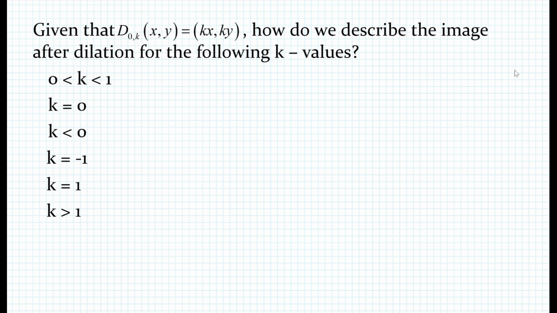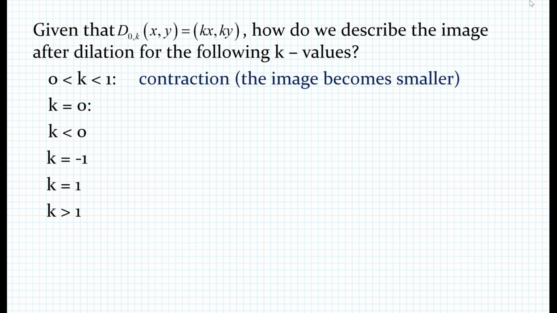For example, let's say that the coordinates are (4, 8). Then if you dilate these coordinates by a K value of 1/2, you end up with coordinates of (2, 4). So if you do that for all the points, for example, if it's a triangle, then the figure is becoming smaller. It will shrink. So the mathematical term for that is called contraction.